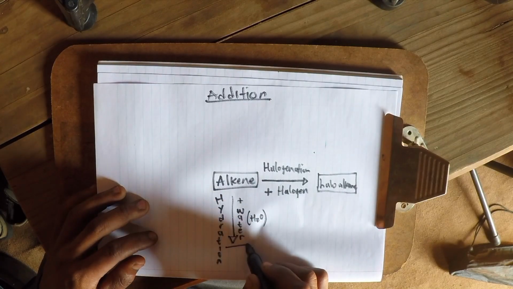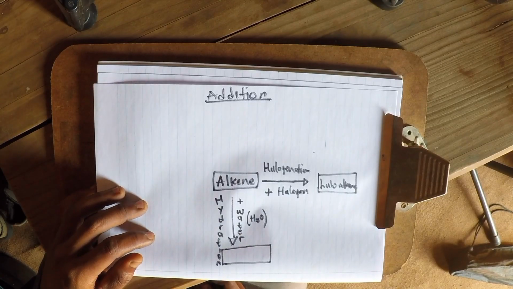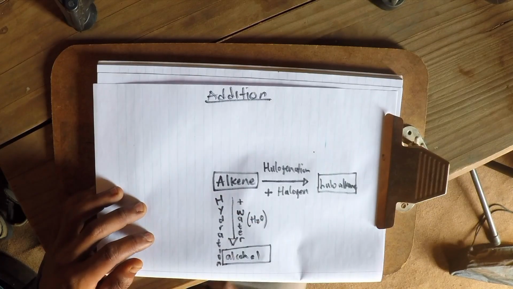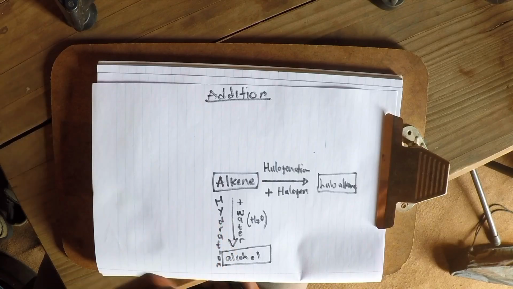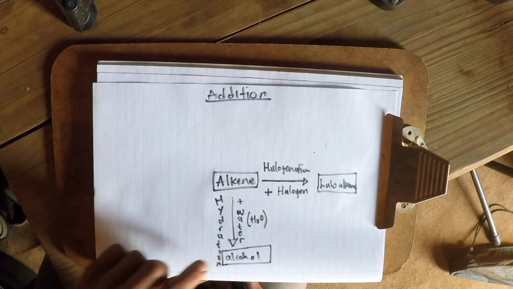And the resulting product of hydration becomes what? So you can take a guess. Alcohol. Because you're going to add a hydrogen and an OH to an alkene. You're going to break a double bond to create an alcohol.